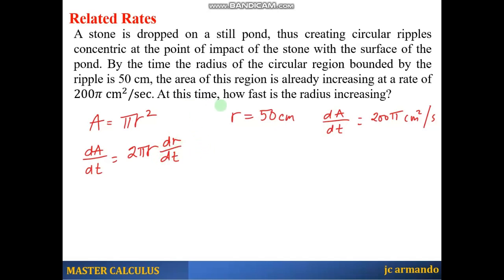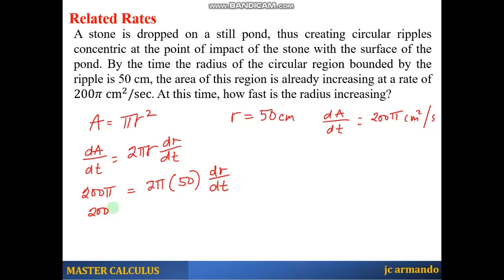At this time, how fast is the radius? So dA dt is 200 pi, so 2 pi times r. But the question here is, how fast is the radius? So, the missing here is dr dt because we have a radius of 50. Okay? 50 times dr dt.